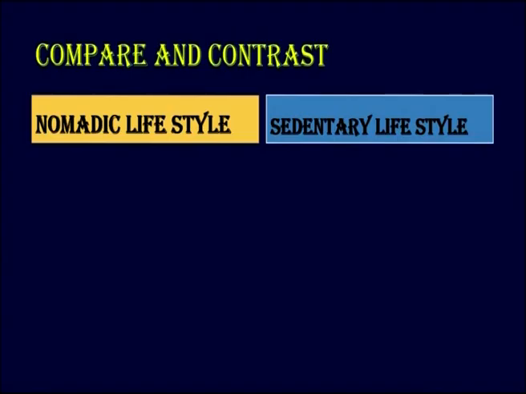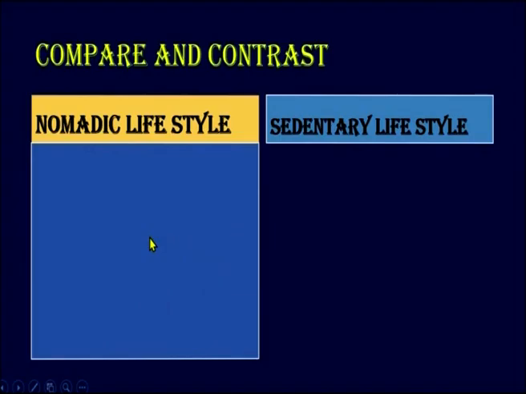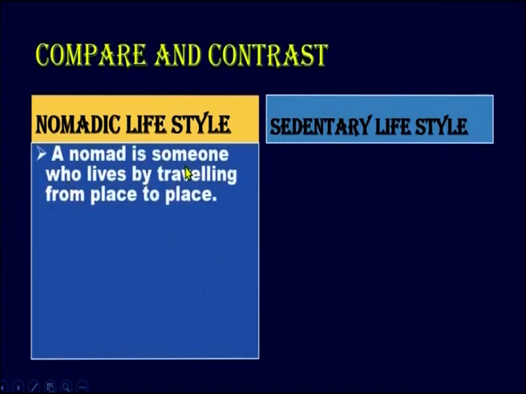Okay, children? Now let us compare and contrast the differences between nomadic lifestyle and sedentary lifestyle. So what is nomadic? A nomad is someone who lives by traveling from place to place.